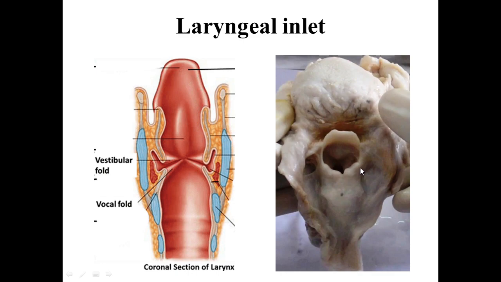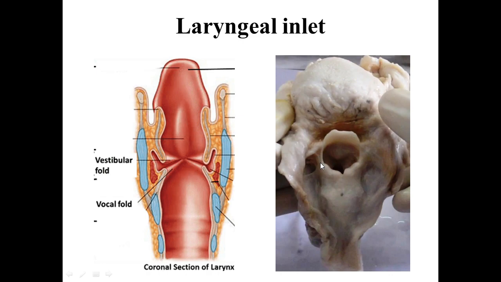Now in this picture it is clear. This is the specimen showing the tongue. Posterior to the tongue is the epiglottis, and on the posterior aspect there are arytenoid cartilages, and between the arytenoid cartilage and epiglottis are the aryepiglottic folds.